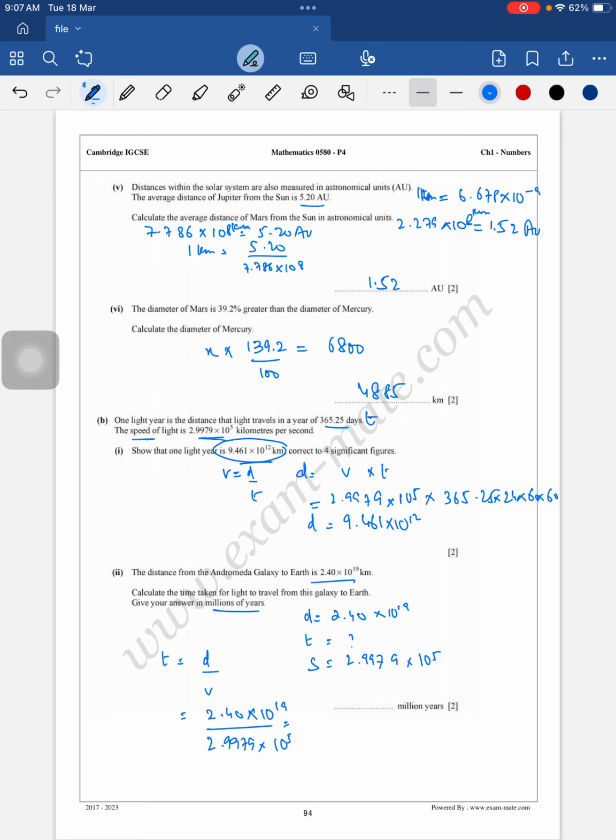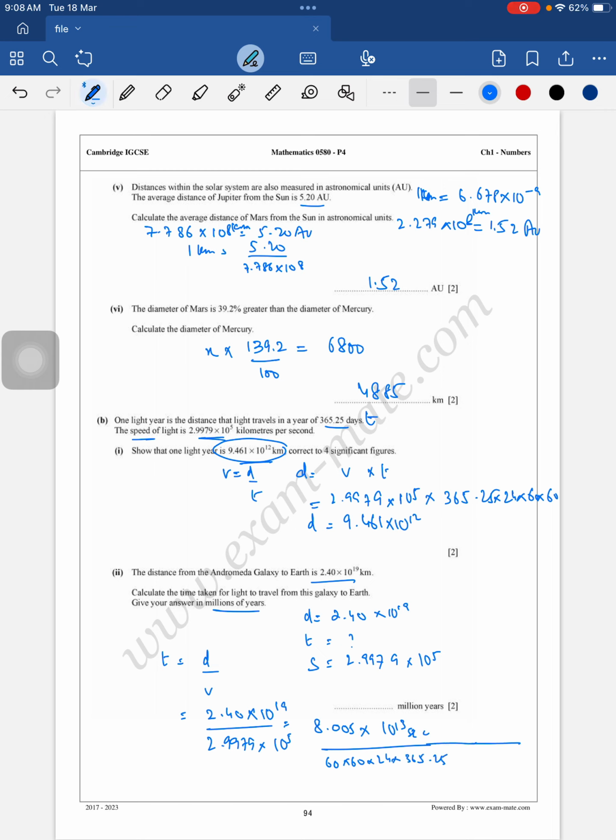That is 8.005 exponent 13 seconds, and we need to convert it into million years, right? So divided by 60, divided by 60, divided by 24, divided by 365.25 days, that is in years.